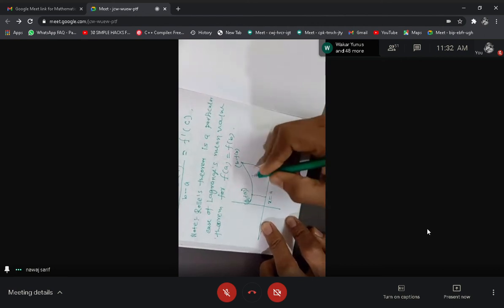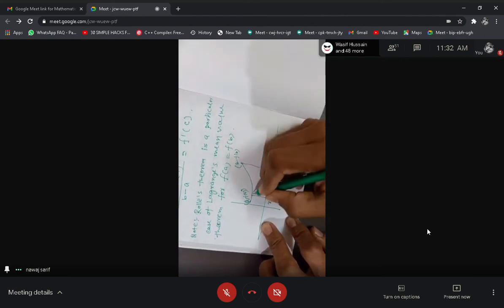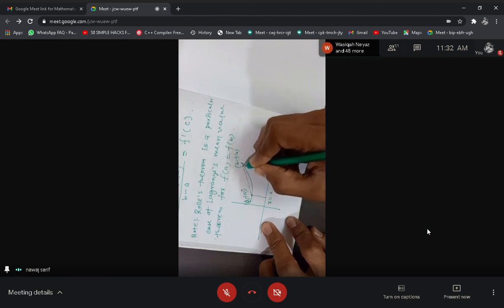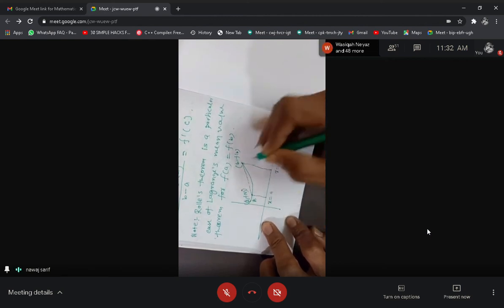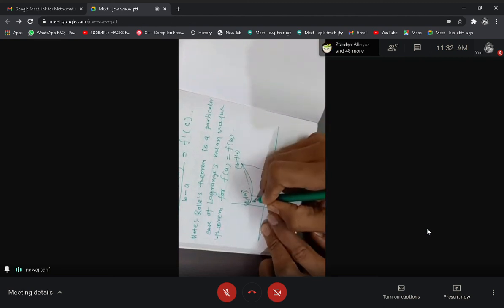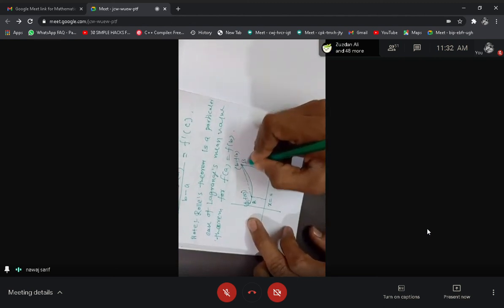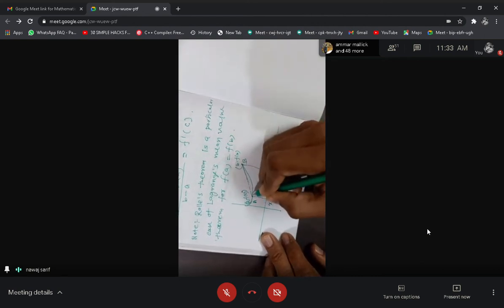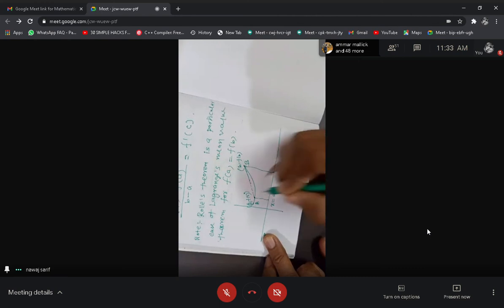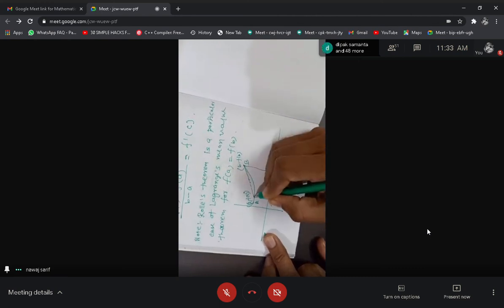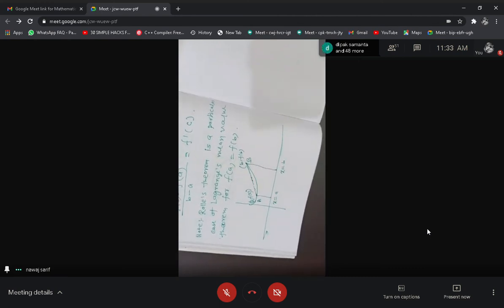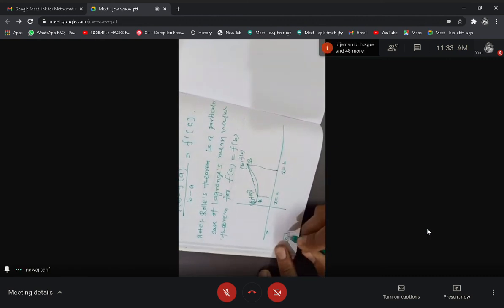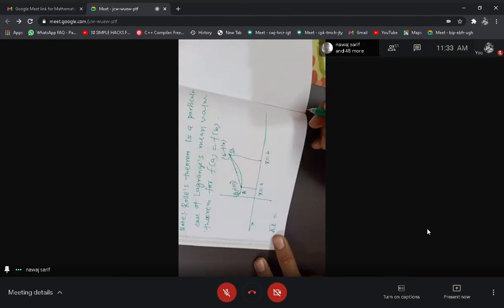Okay. So now if you draw a line joining these 2 points, and denote this one as point A and this one as point B, just draw a line joining A and B. So what will be the equation of the line AB?